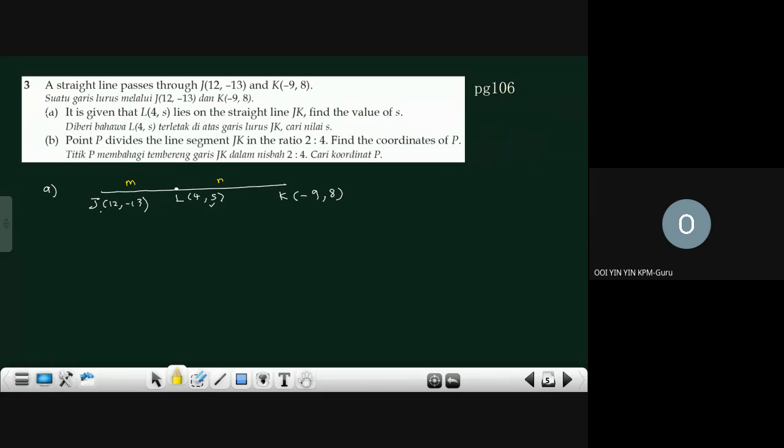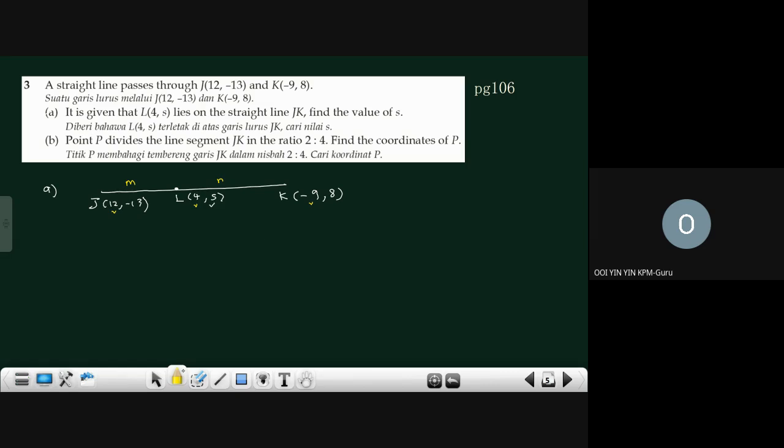So what we have here, you look at the coordinates. Okay, we have 12 here, the X. We also have the X for L. We also have the X for your K. Okay, using these three, we can find the ratio for our MN.